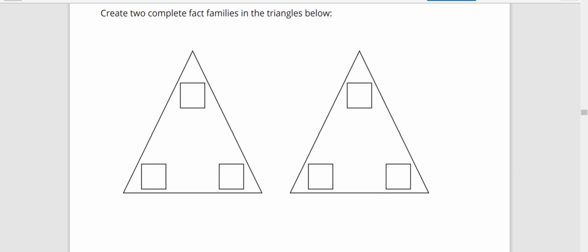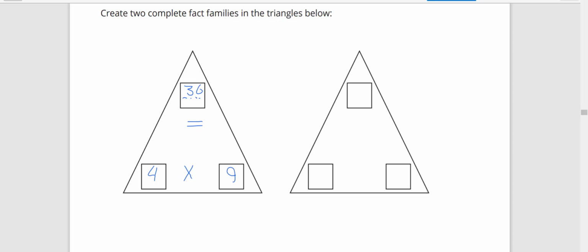Create two complete fact families in the triangle below. Change any two factors. For example, 4 times 9 equals what? 4 times 9 equals 36.